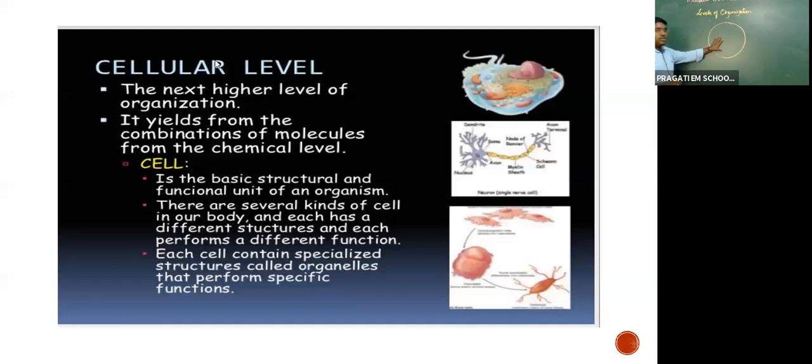This is the structural and functional unit in all living organisms. In every living organism, the next level of organization, the cell, is the basic structural and functional unit. There are several kinds of cells in our body, and each cell has its own importance, isn't it?